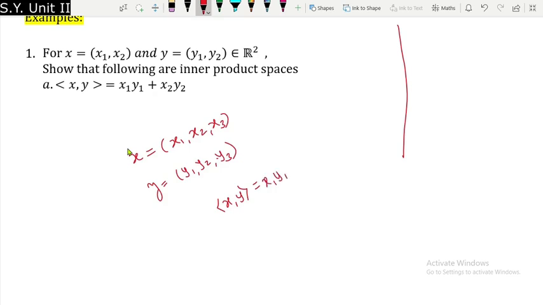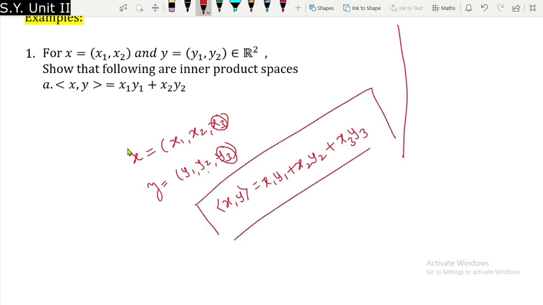It will be x1 y1 plus x2 y2, the second coordinate taken from here and here, plus now take the third coordinate from here and here, so plus x3 y3. Now you can see that this is the case when the vector space is equal to R3. Now the same idea can be extended to V equal to R raised to n also.